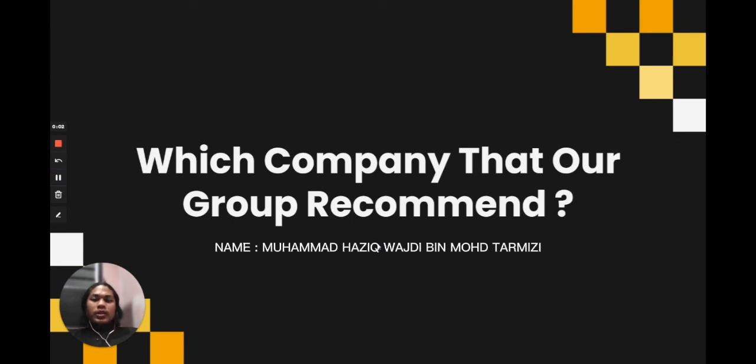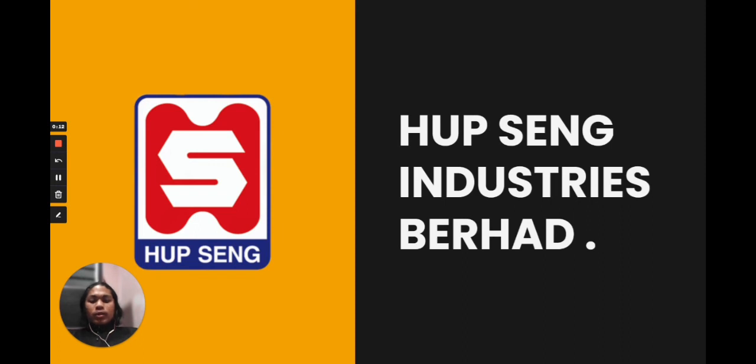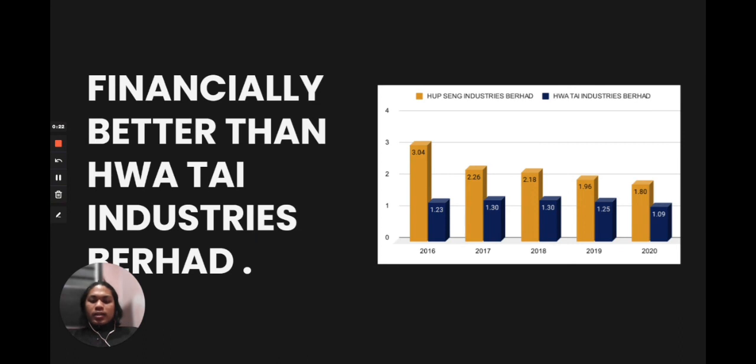So, which company does our group recommend? Our group has chosen to recommend Seng Industry Berhad for some reasons. One of the reasons is that Seng Industry Berhad is financially better than Huatai Industry Berhad. We can see from the bar chart which represents the current ratio for both companies.